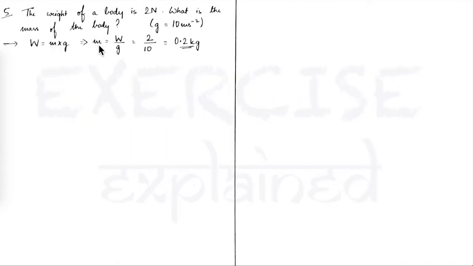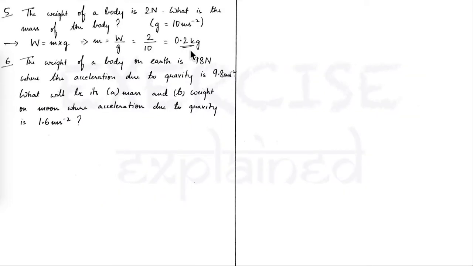That would give us M is equal to W by G. So W happens to be 2 and G happens to be 10. So here we take it as 0.2 kg. So acceleration due to gravity, I have taken it as 10 meter per second square. So the mass happens to be 0.2 kg. This was a very simple question.